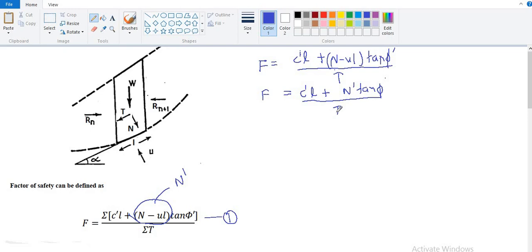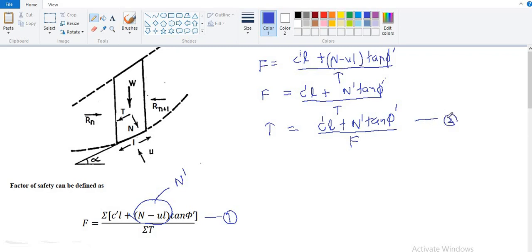So what I'm going to do is change these two elements, F and T, and write T as C dash L plus N dash tan phi dash divided by F, divided by the factor of safety. So here I have a new equation, number 2.